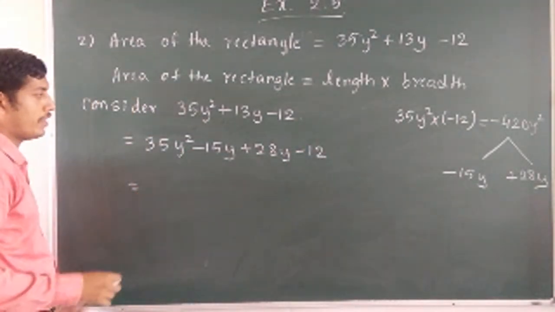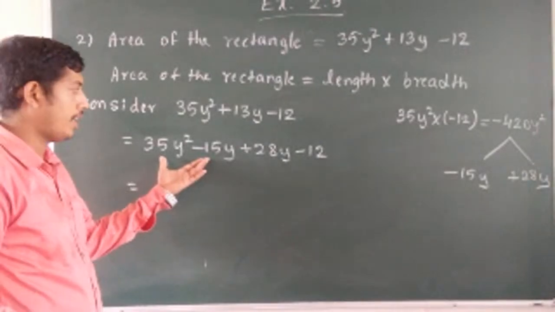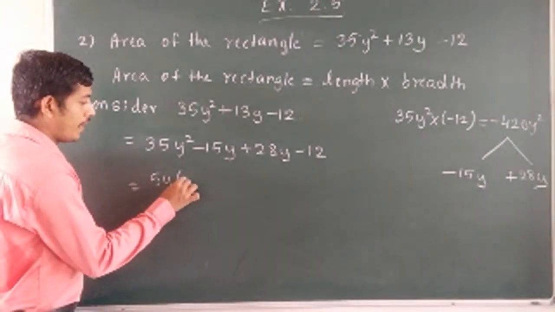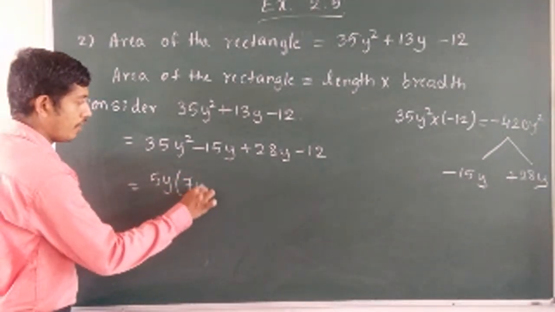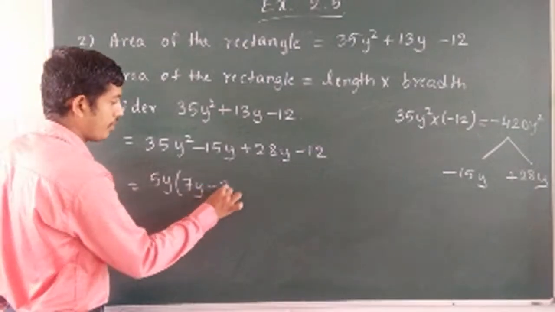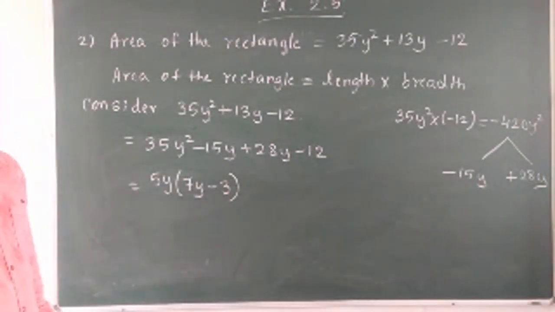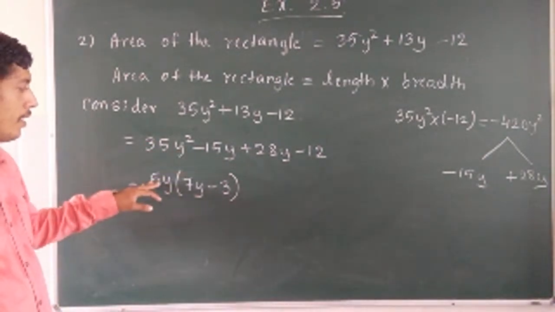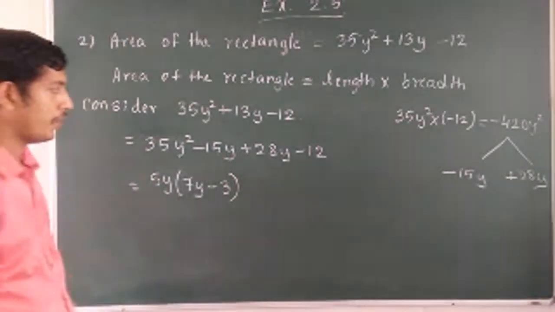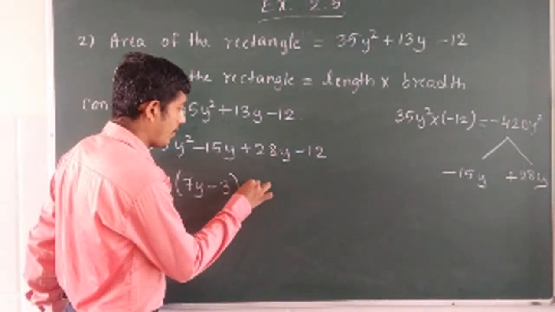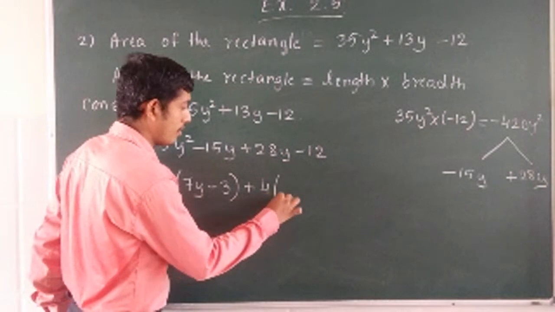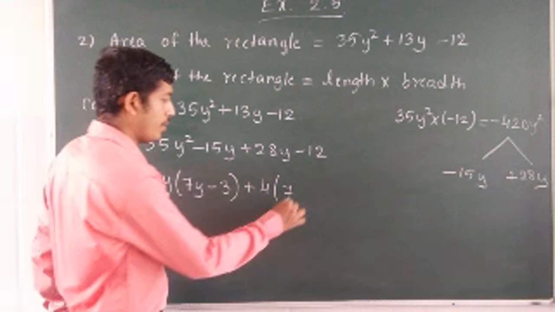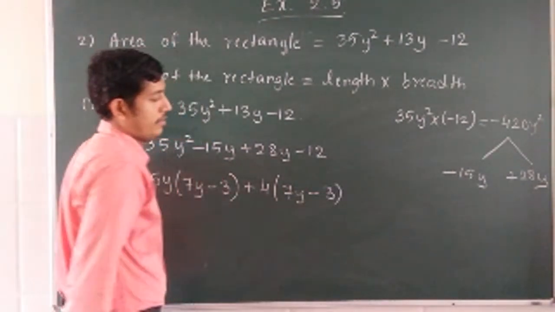So now I take the common term outside from these two terms, and the common term is 5y. 5y into 5 7s are 35y minus 5 3s are 15. Then here I will consider 4 outside. 4 7s are 28 into y minus 4 3s is 12.